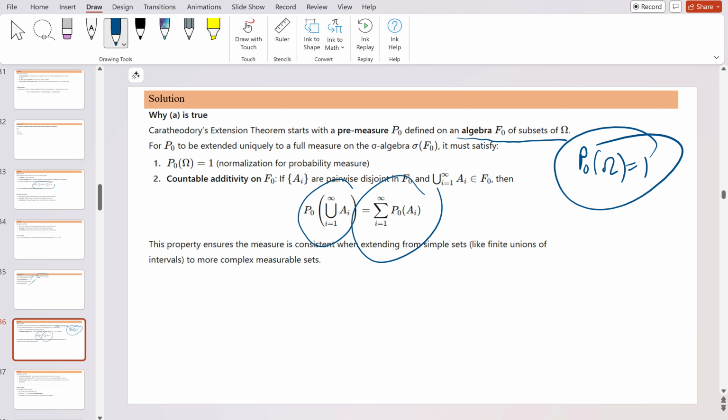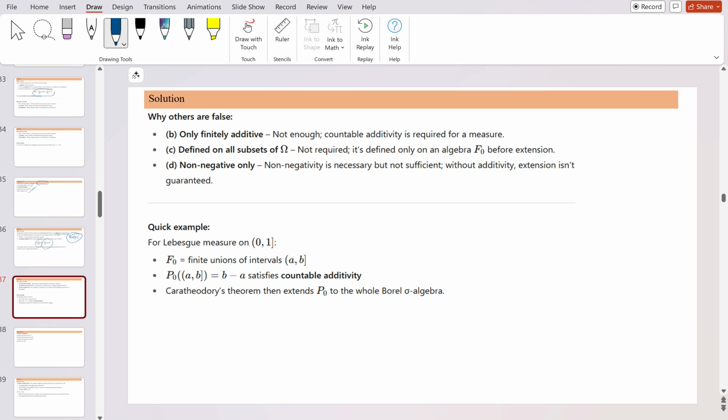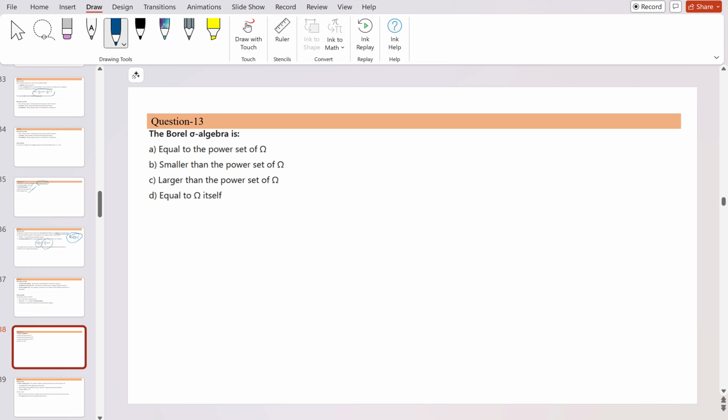This property ensures that the measure is consistent when extending from simple sets, like finite unions of intervals, to more complex measurable sets. Okay, let's move forward. Try to solve this problem.